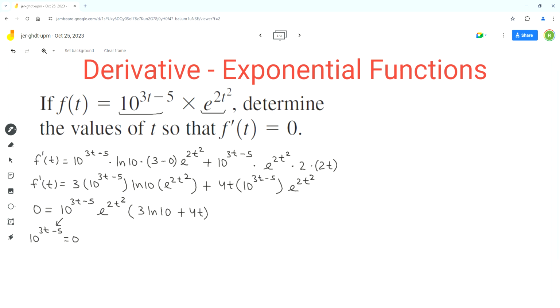So that means this case gives us no solution. Now we can analyze the second case. There is no t value that will make this term equal to 0. So this case also gives us no solution.